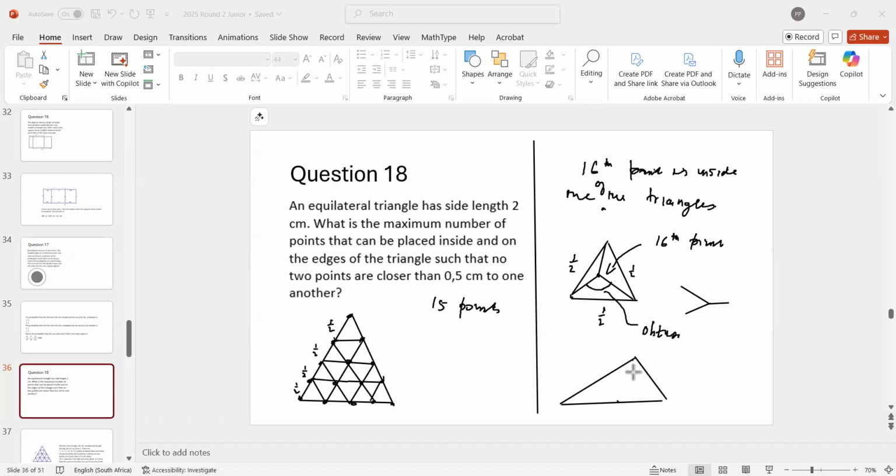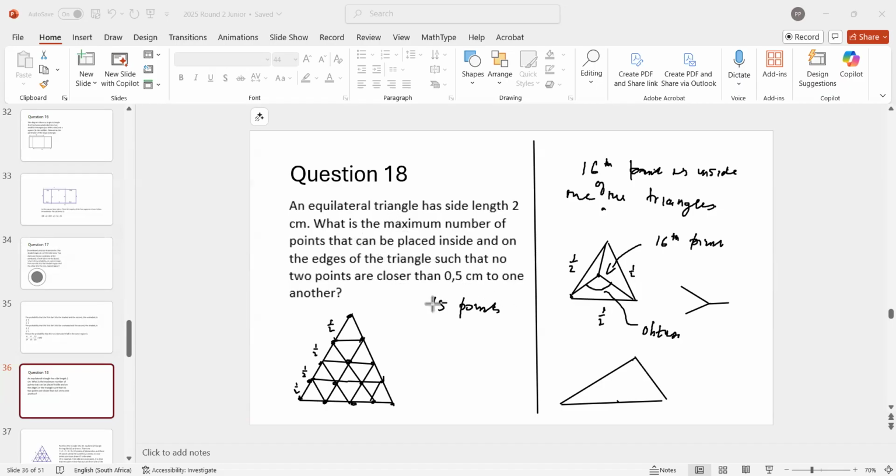This is a well-known property of triangles. So therefore, this half is going to be the largest side in this triangle, which means that both these distances are going to be smaller than half. So the distance between that point and two of those vertices is going to be less than half. So it doesn't satisfy this condition.